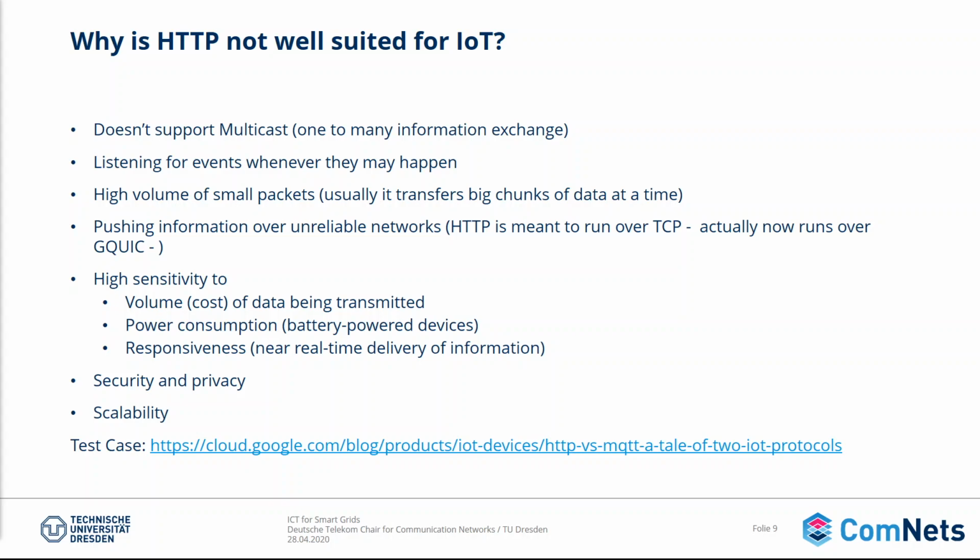The next point is security and privacy. Now, similar to what we said in the pushing information over unreliable networks, HTTP is very secure, very private protocol, while usually in IoT, security must be handled in another way than in the transport layer.